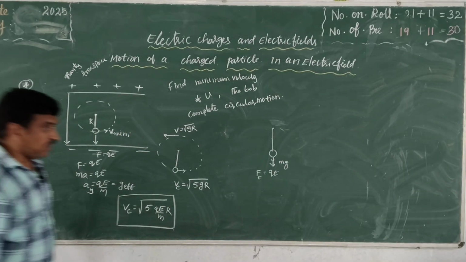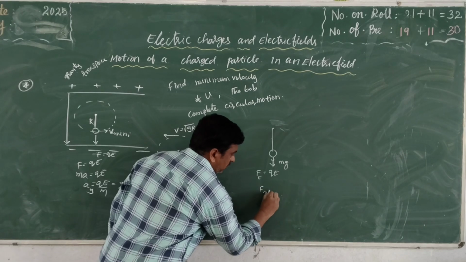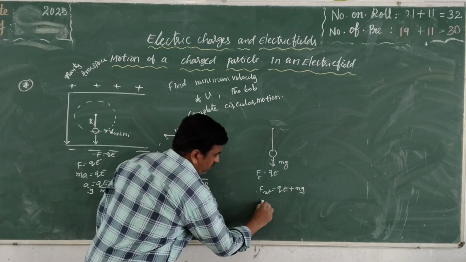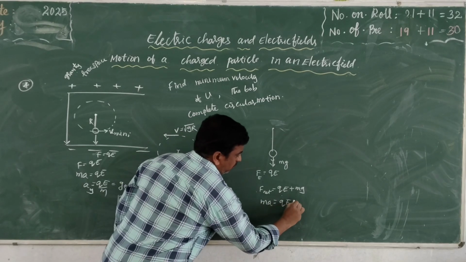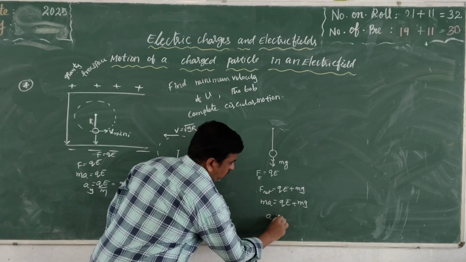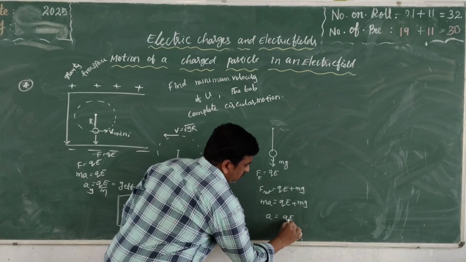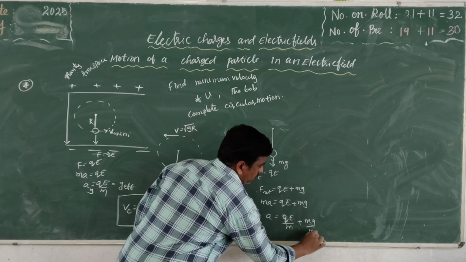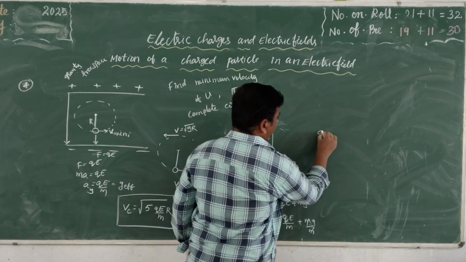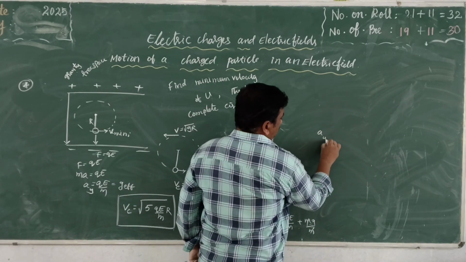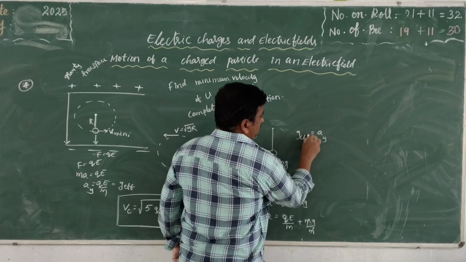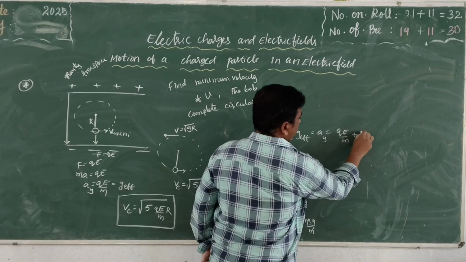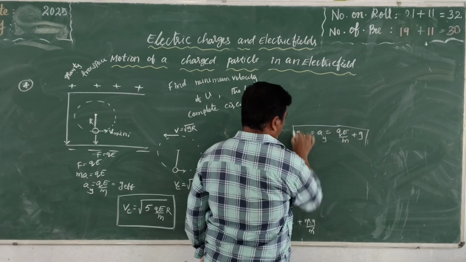So total force equals QE plus mg. We want ma, so acceleration equals QE by m plus mg by m. The m's cancel. This we call the effective acceleration, that is QE by m plus g. This is the effective acceleration along the y axis.